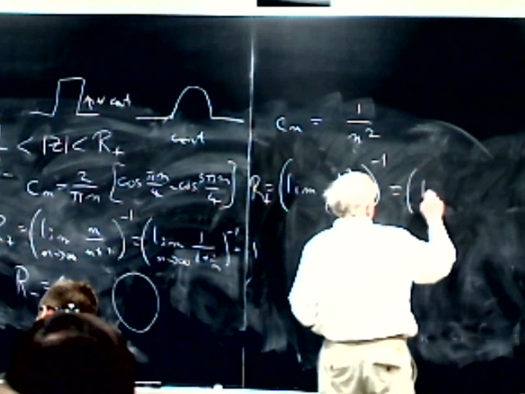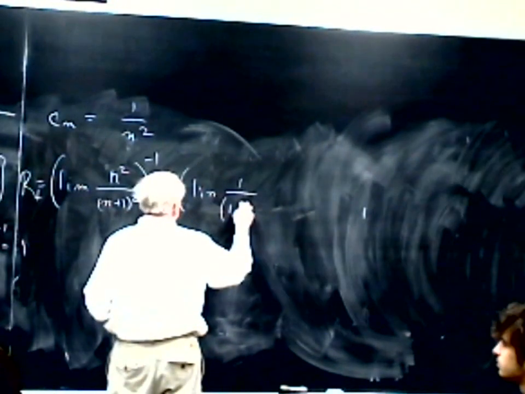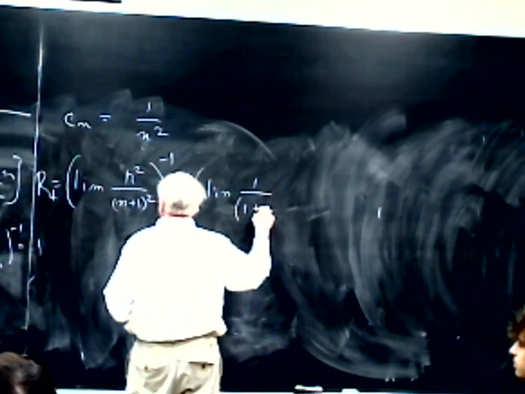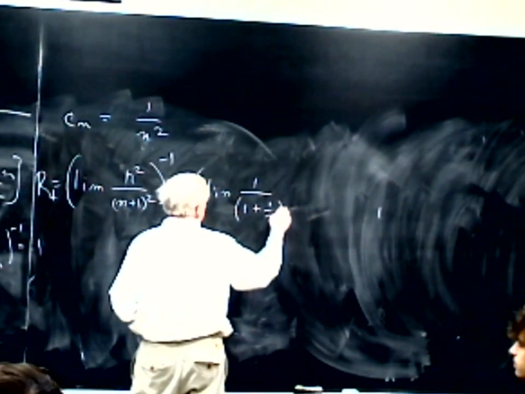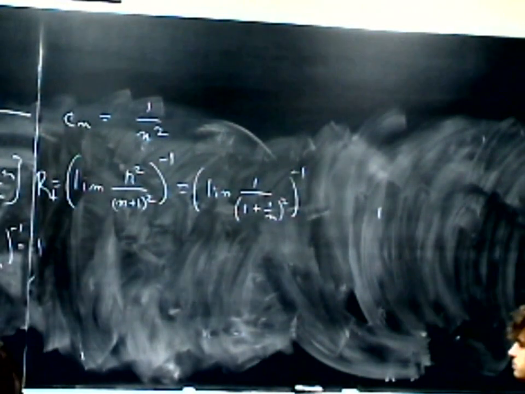All right, so this is the limit of 1 over 1 plus 1 over n. I seem to be getting 1 again. So what I want to say is that these have infinite radii of convergence because of the 1 over n squared.